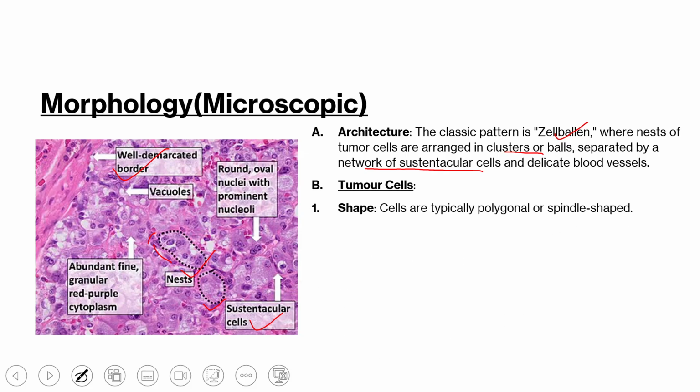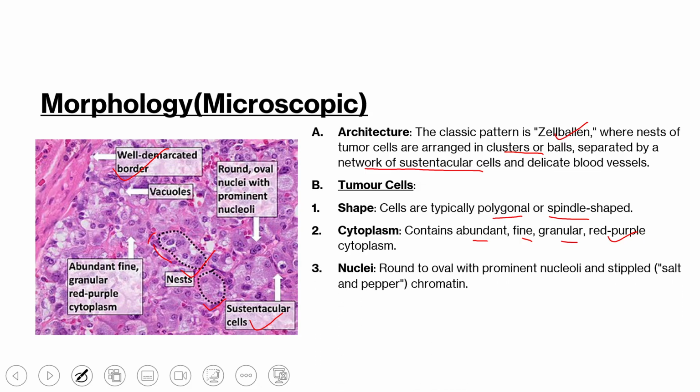Tumor cells could be polygonal or spindle shaped. The cytoplasm of the tumor cells may contain fine granular, red-purple cytoplasm, and the nuclei could be round or oval with prominent nucleoli.